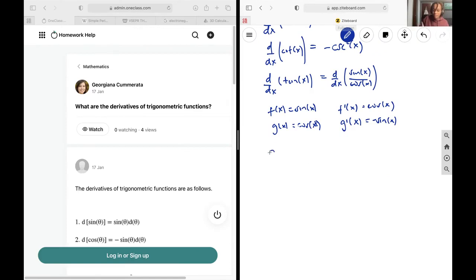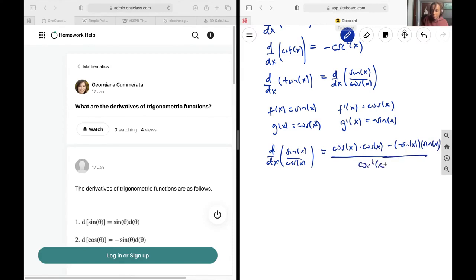And we get that d over dx of tan x is going to be equal to cos x times cos x minus negative sine x times sine x all over cos squared x.